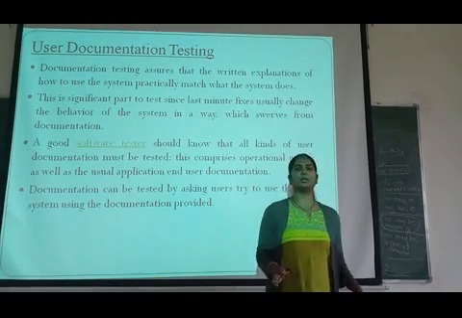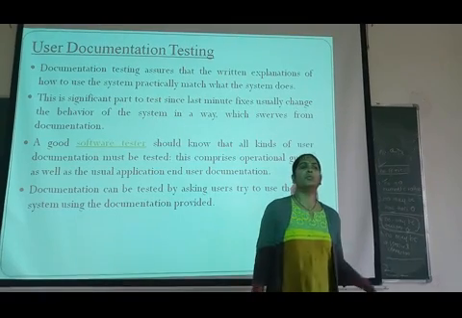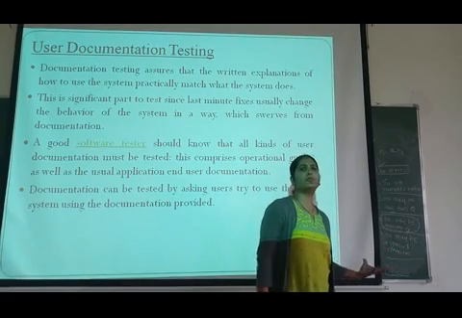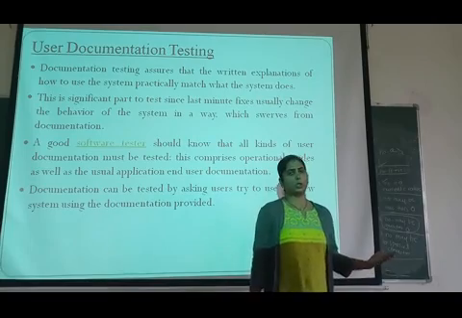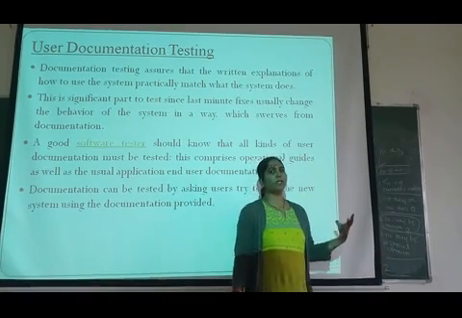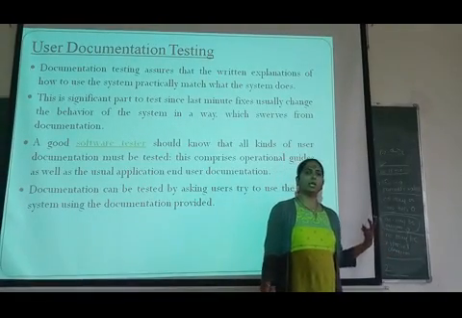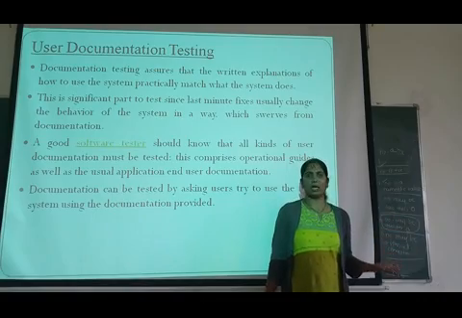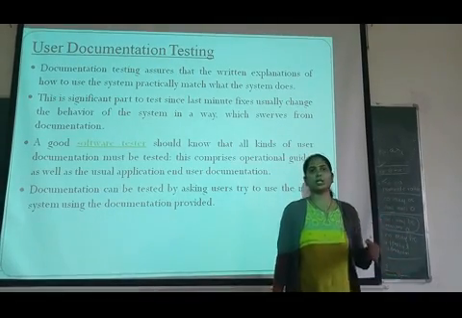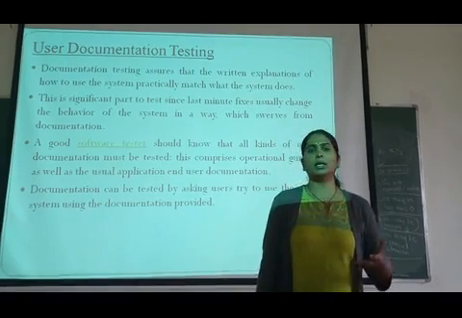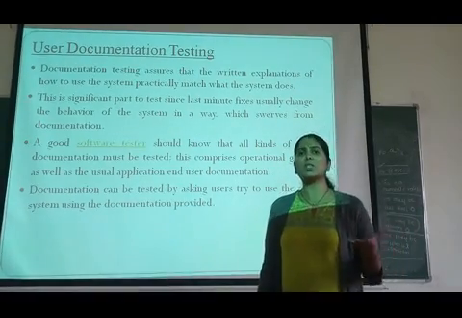For example, consider that we have stated in the documentation that we want to perform the division of two numbers. What is the expected result there? We want to know the division of those two numbers, but it is not showing us, which means it is not working as per the specification.